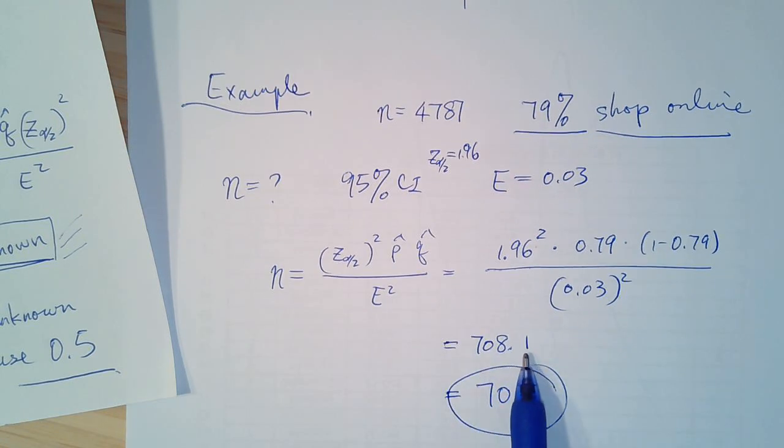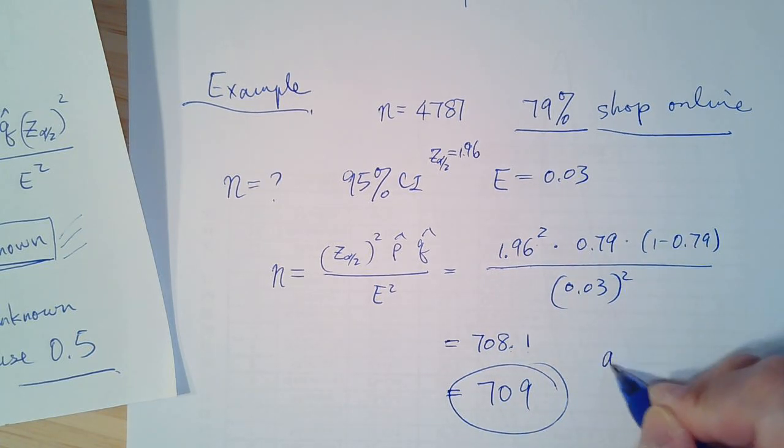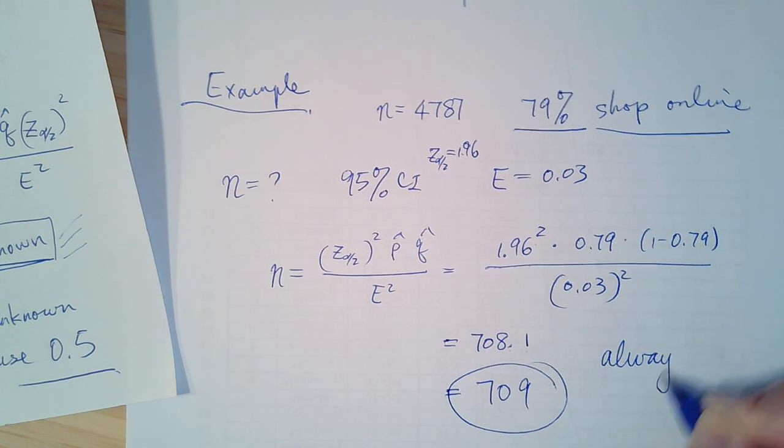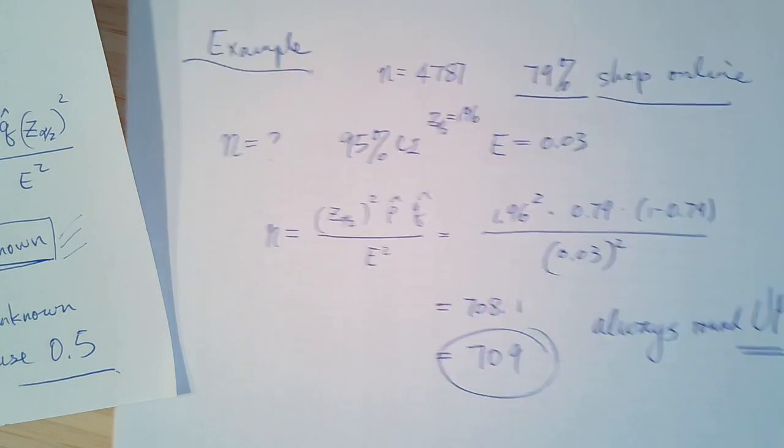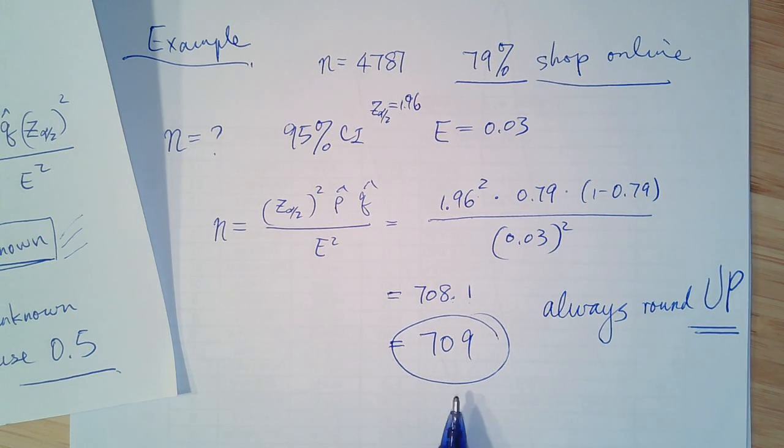Even though the next digit after the decimal point is 1, we still need to round up. We always round up, unless you have exactly a whole number as your answer, then you can keep it. So we need to survey 709 people.